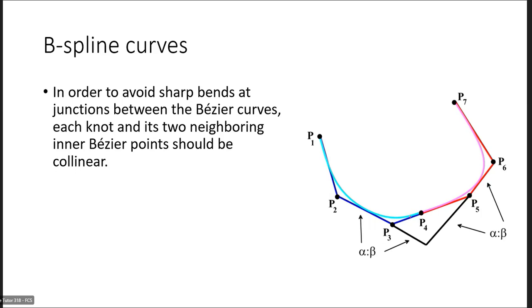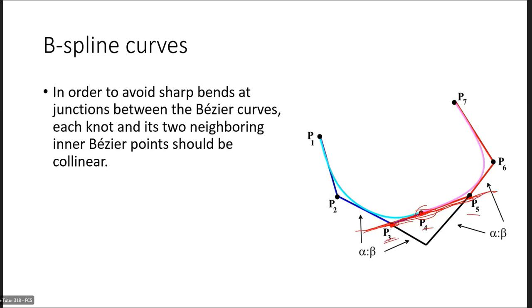But in order to have a smooth curve, you can see that P3, P4, and P5 should be on the same line. This is the tangent of the curve. The tangent of the curve at the point P4 is this line, which is the line containing the points P3, P4, and P5.